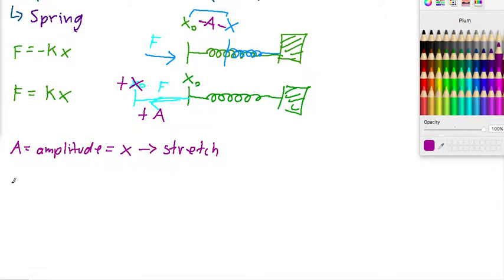Now let's talk about period. The period is denoted by T, and what that really means is a measure of the total time it took the system to complete one cycle. So time per cycle.